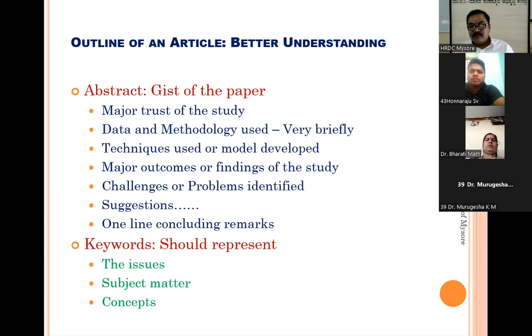And then keywords. Most of the journals expect you to write the keywords. Why keywords? When somebody searches for an article, for example, you are writing about savings habits in India.